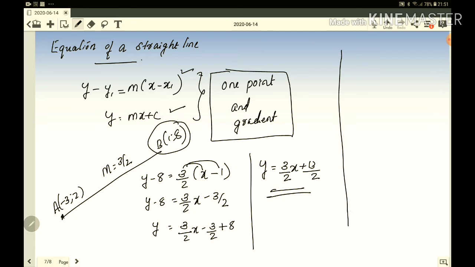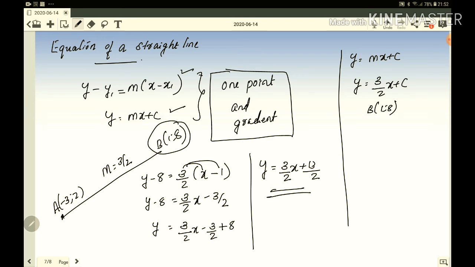Now I will show you the very same answer using the formula y is equal to mx plus c. You can decide which one you're supposed to use, okay? Here y is equal to, m we already know is 3 by 2, right? x plus c. Now you have to find the value of c. For finding c, we are using one point. That point I am choosing is 1, 8.